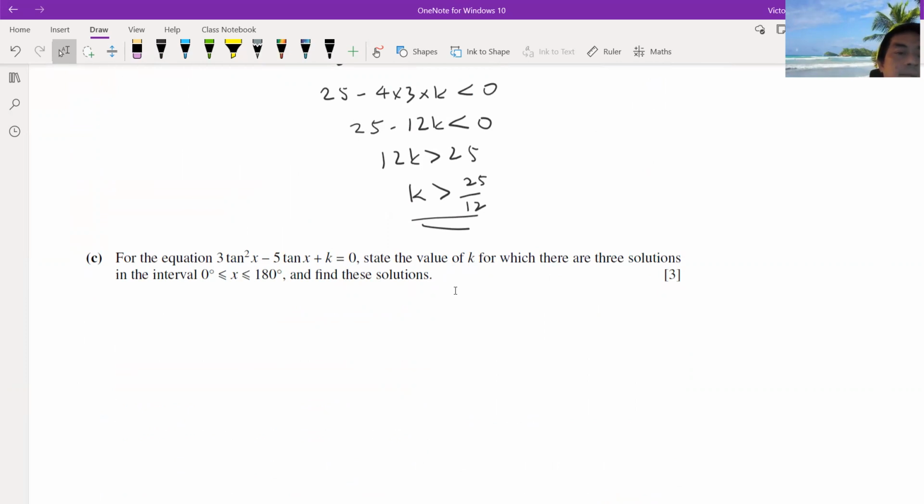Okay, so when tan x is 0, this is a question on understanding. X would be 0 degrees or 180 degrees. For tan x to be 0, k must be 0. So this is a question on stating the solution.